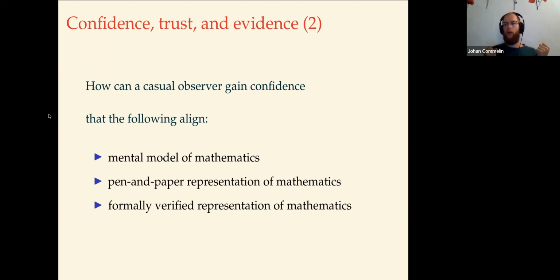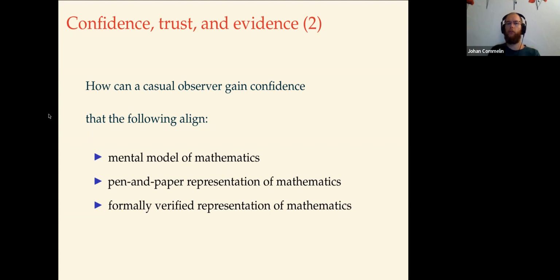And so he wants to know whether what we did matches his mental model, instead of trying to check that what we did matches what is written on pen and paper. So I'm going to ignore how Scholze can get more confidence in what we did than a casual observer.